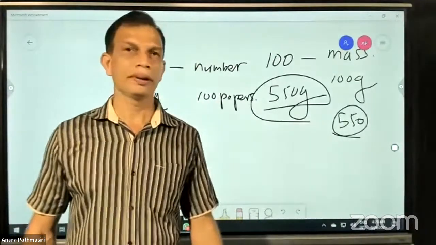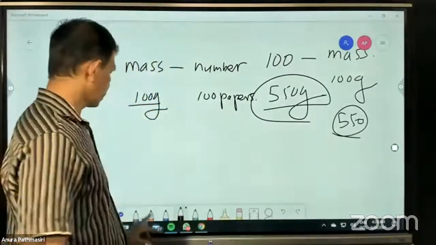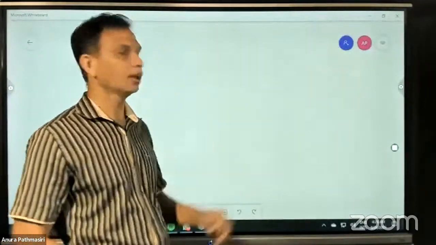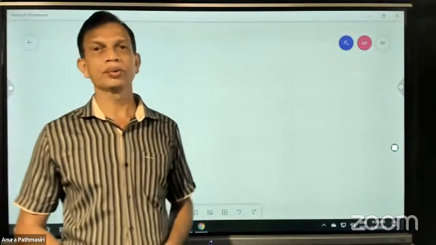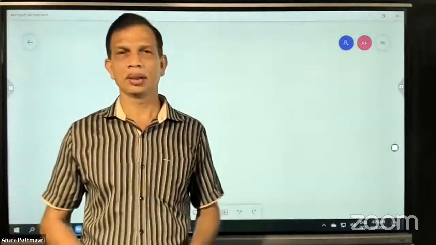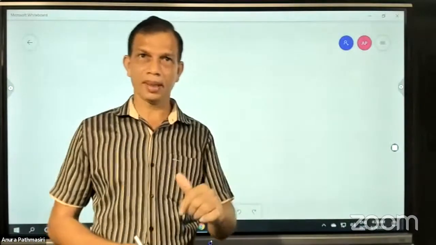Quantification of elements and compounds will be the same. Scientists did lots of experiments in this, and Avogadro was very much successful in that, right? Counting the number of atoms by considering the mass.